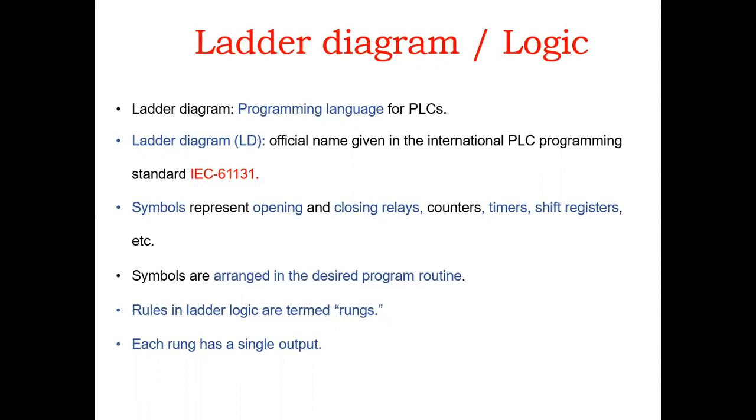So the official name given in the international PLC programming standard is IEC 61131. Symbols represent opening and closing of relays, counters, timers, shift registers, and so on. Here we are going to define symbols for the opening and closing of some devices and output devices: relays, timers, shift registers, etc. The symbols are arranged in the desired program routine.